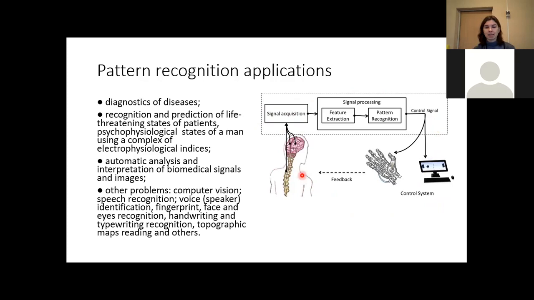In this case, you may see that we have a signal acquisition system from the brain, analyzing the activity of the nerves and trying to control the prosthesis, to perform the feedback loop. In this part we need to extract features and after that do some pattern recognition. So we will work with this part of the chain.